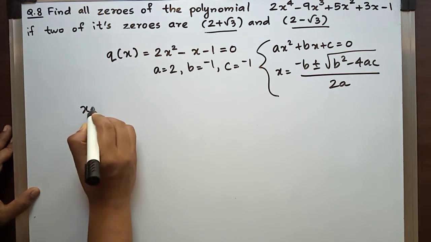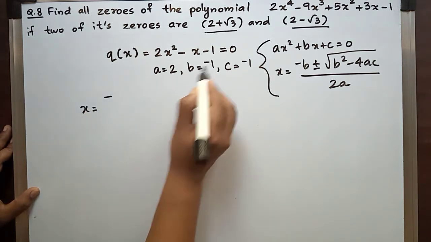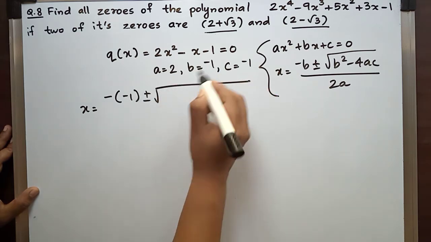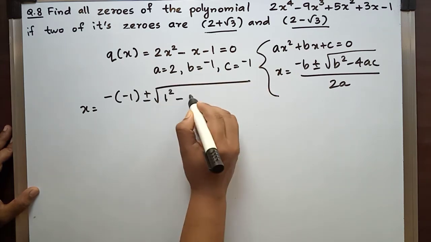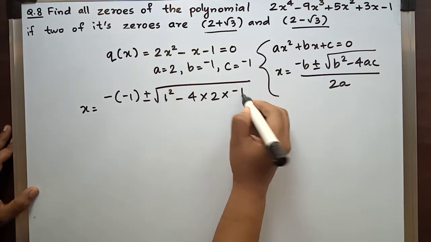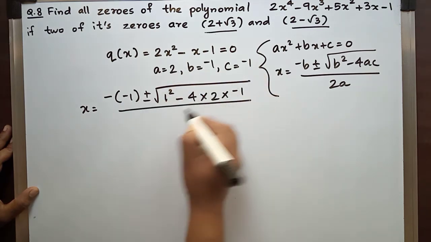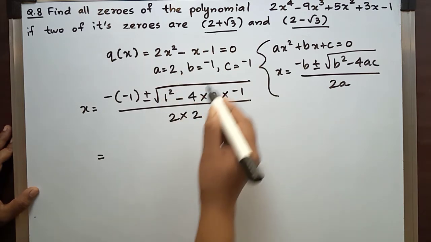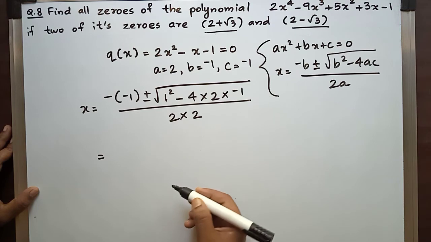So x is minus b plus or minus square root of b square minus 4ac divided by 2a. Okay, I have given the values.